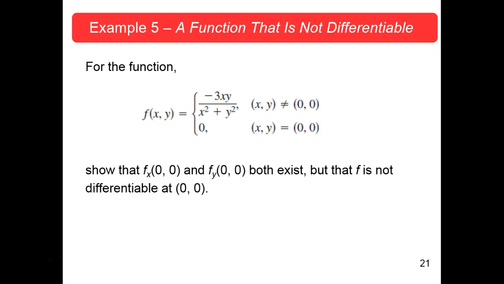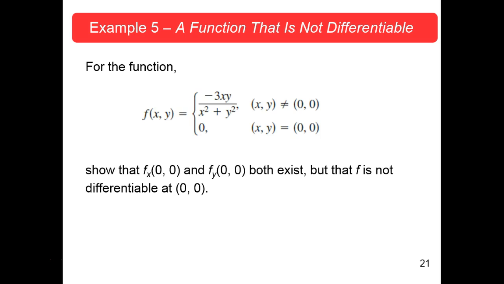So here's a function, f of x, y. It's defined to be minus 3xy over x squared plus y squared any time x and y are not equal to 0. If x and y are equal to 0, then it's defined to be the value 0.